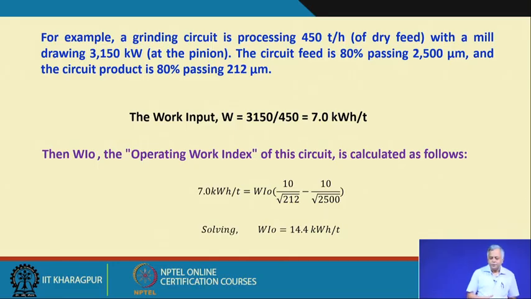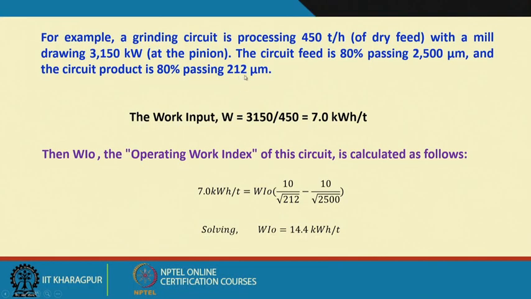It may not be equal, because no mineral is a pure mineral. So, it will have some kind of impurities. So, we want to know what is the operating work index. So, that is the WIO into 10 by square root of 212, that is coming from your P80 size, and the F80 size is 2500 micrometer.